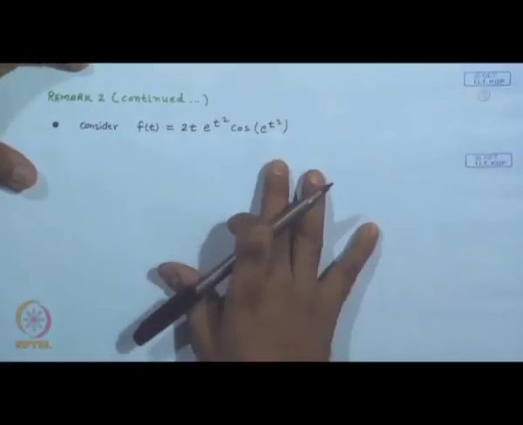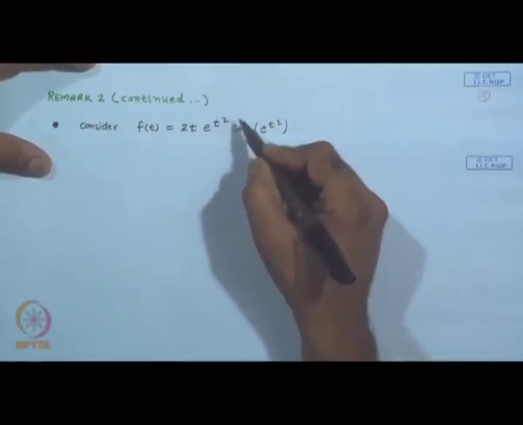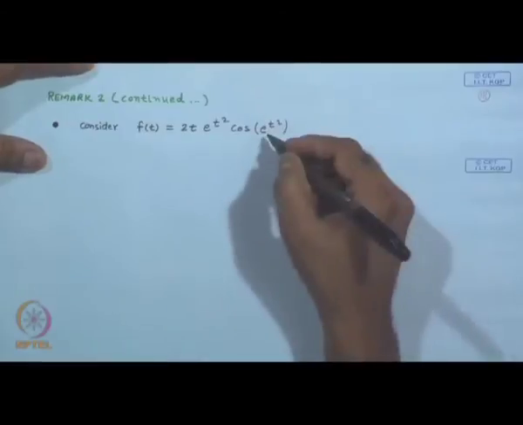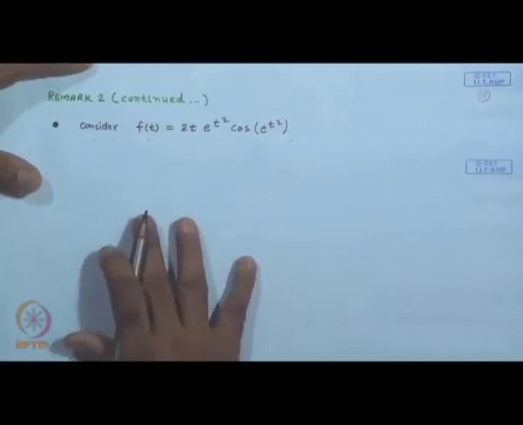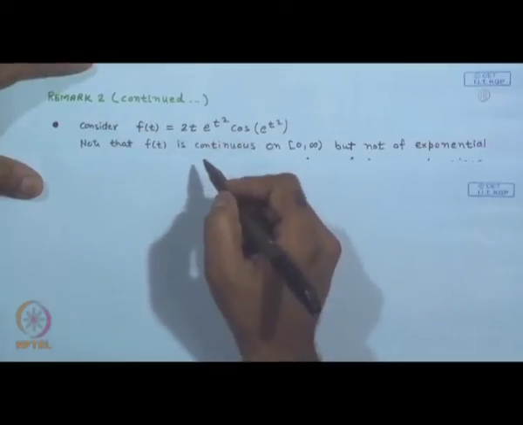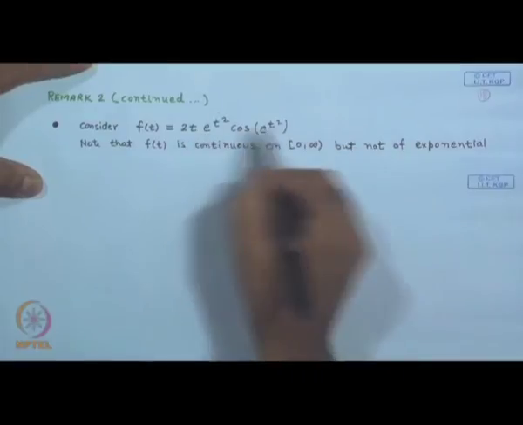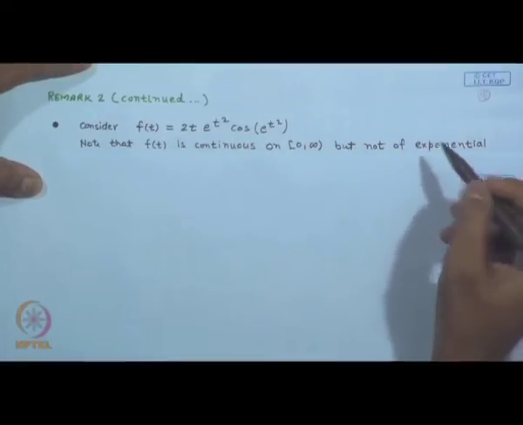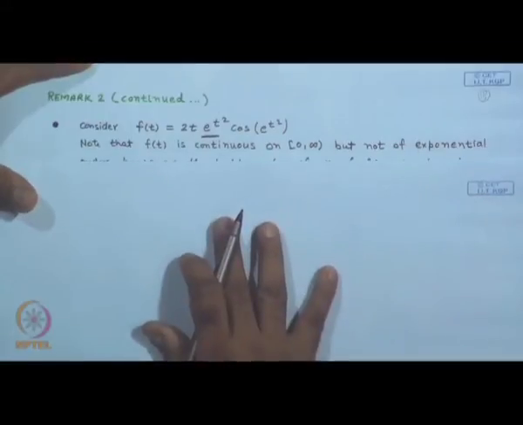To support this remark, we have two examples. The first one is the function f t is 2t e power t square cos e power t square. Let us consider this function and note that it is continuous on 0 to infinity, but not of exponential order, because e power t square is sitting there.